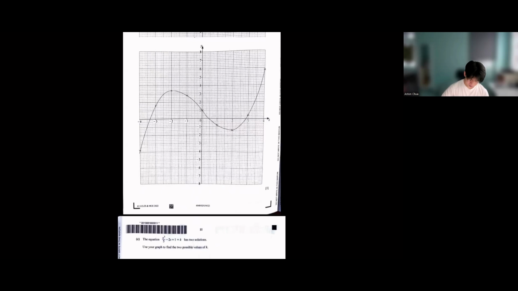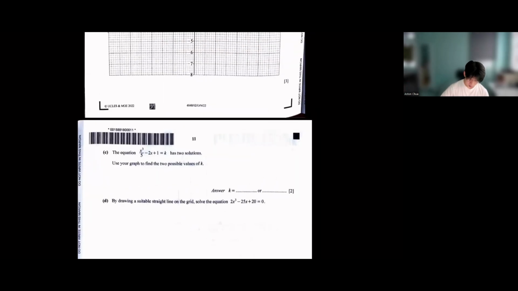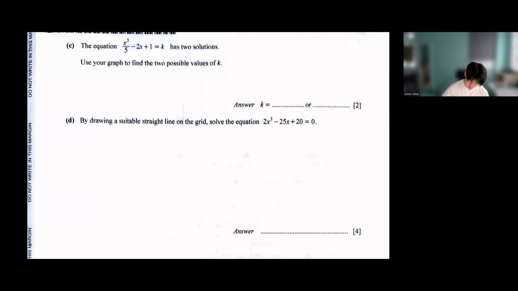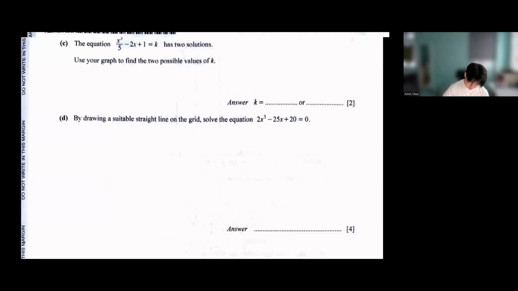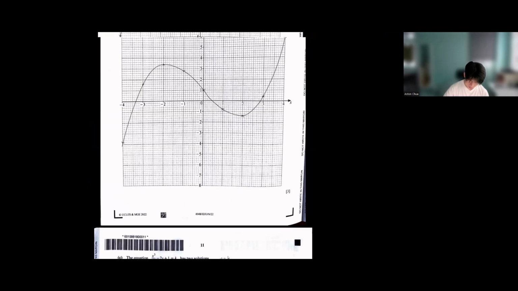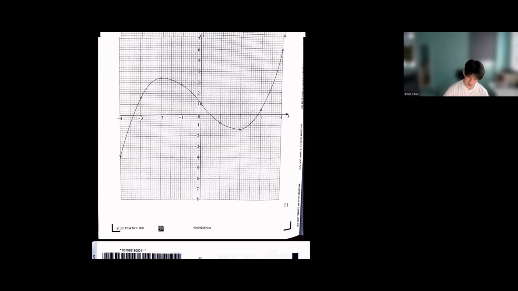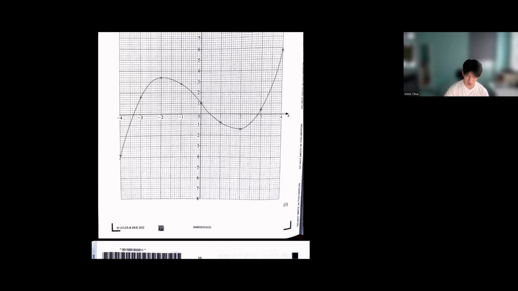As you can imagine, y equals k. For this line y equals k, it only has two solutions, which means, let me just draw this line out first, that the line y equals k can only intersect the curve at 2 points.